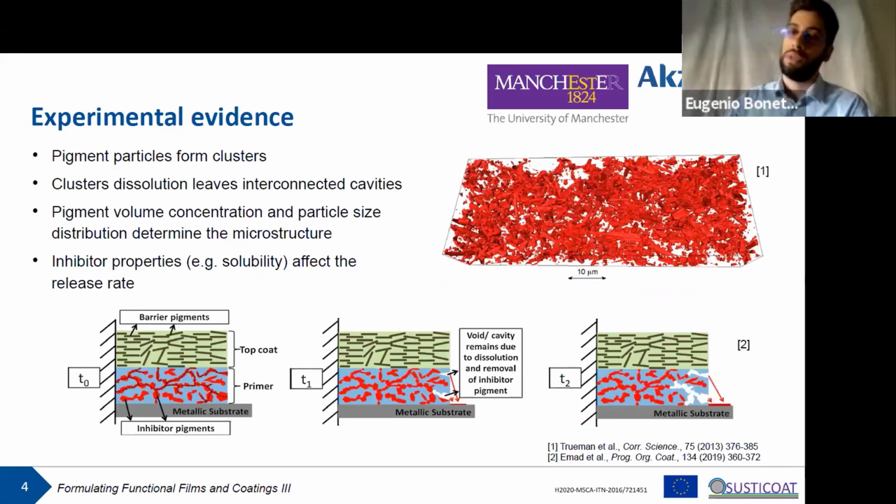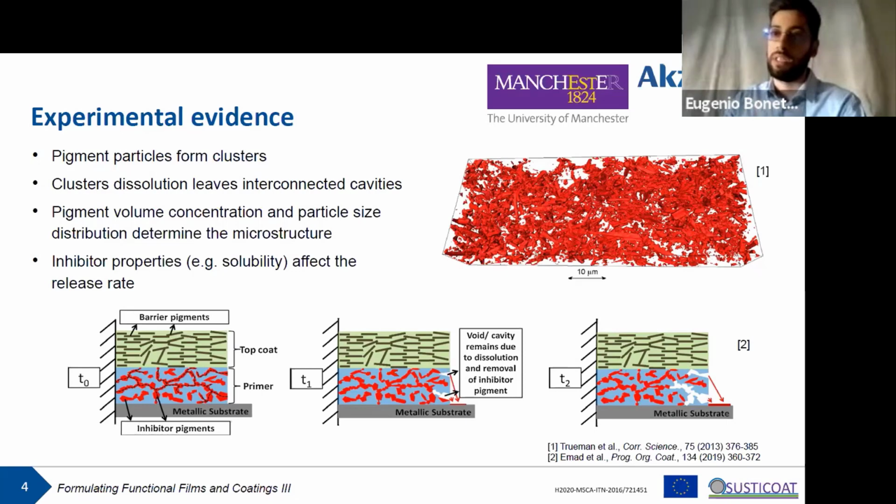The development of the model was based on what is known from the experiments, so the experimental evidence. It has been shown that the pigments in a coating form clusters, so that they are connected, and the clusters dissolve when the coating is exposed to the environment. The clusters dissolve and leave cavities.